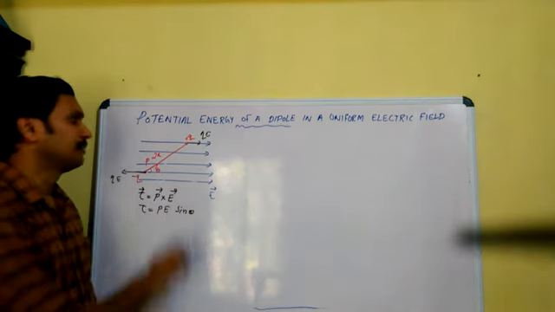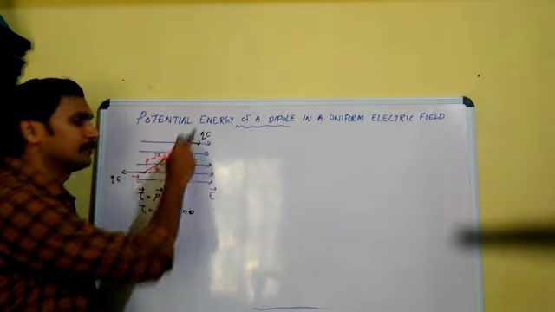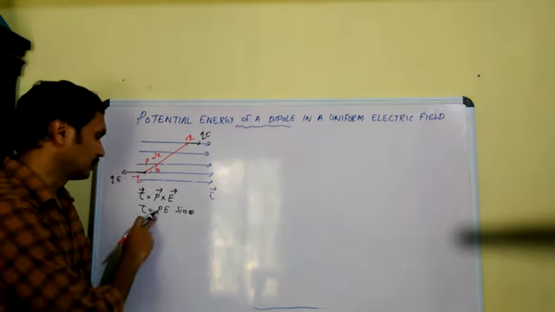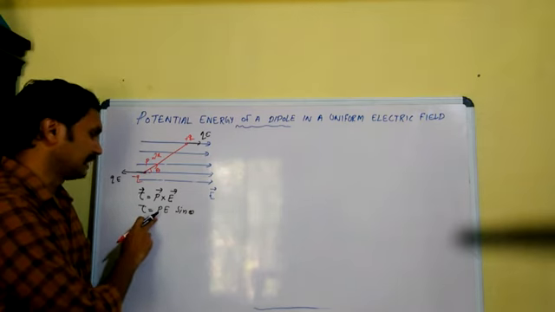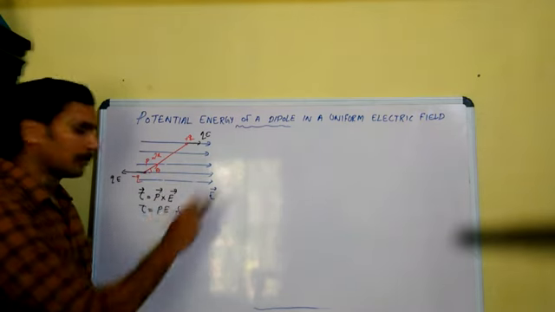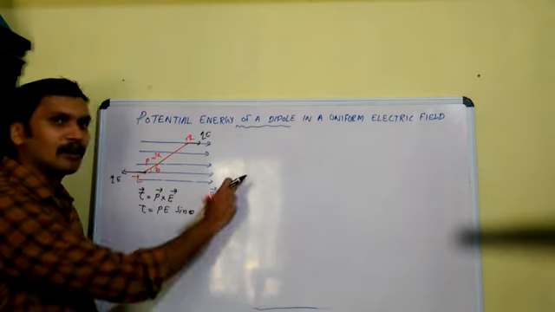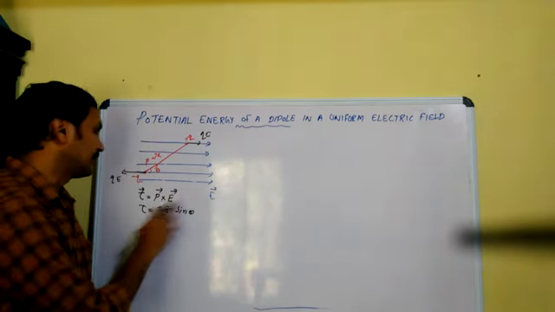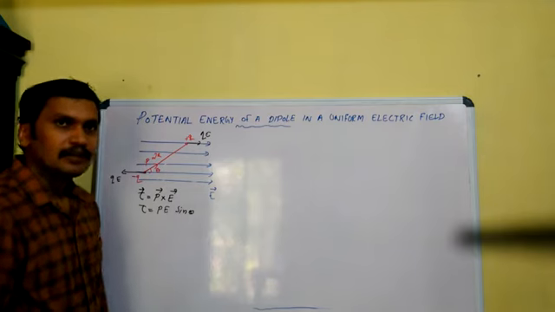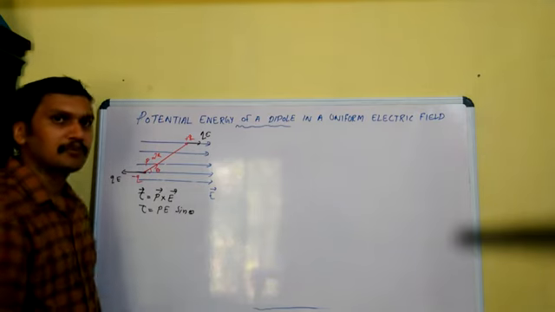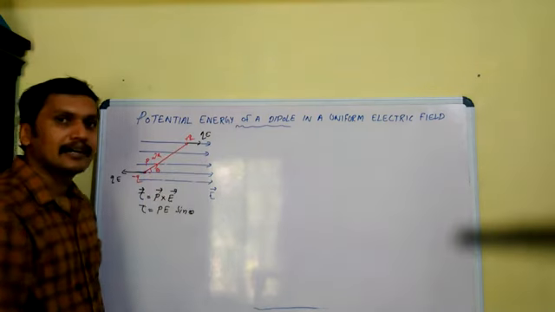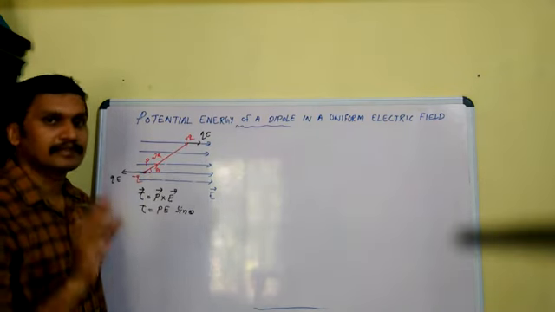It is the angle between the electric dipole moment and the direction of the electric field. p is the magnitude of dipole moment, E is the strength of electric field, and theta is the angle between p and E. The tendency of this electric dipole is to align along the direction of the electric field to minimize the torque.